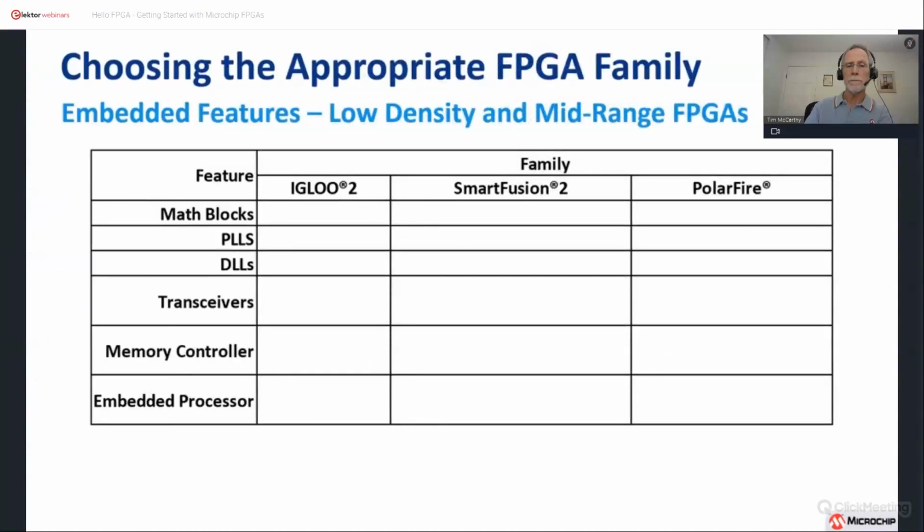Here's a summary of the embedded features in the low-density and mid-range families. Igloo 2 and SmartFusion 2 have between 11 and 240 math blocks for implementing DSP functions, 2, 6, or 8 PLLs for clock frequency synthesis, and transceivers that operate between 1 gigabit per second and 5 gigabits per second with built-in PCI Express Gen 2 endpoint support.